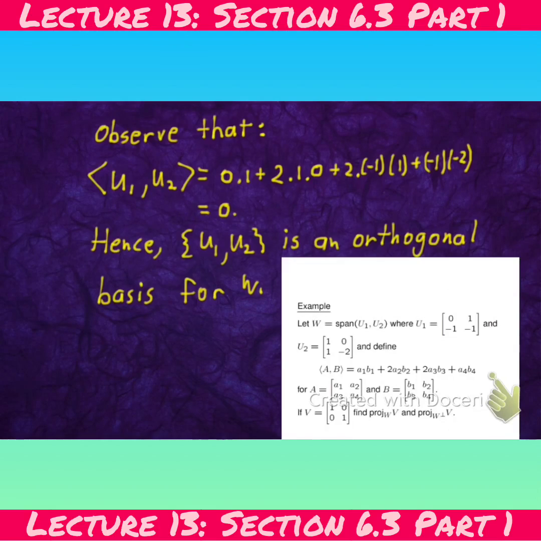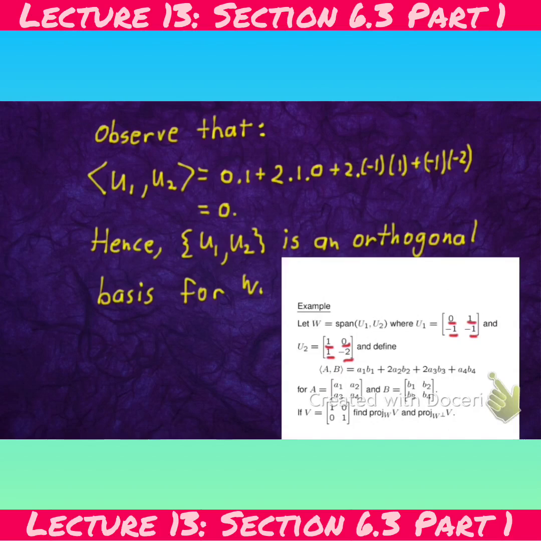Okay, so firstly, let's just check that this is a basis for the subspace. Let's make sure that it's an orthogonal basis. So we just take the vectors u1 and u2, and we take their inner product. How does the inner product work? Firstly, you take the first entry there and multiply it with that entry there. Then you add that to twice the second entry there multiplied by that entry there, plus twice that entry there multiplied by that entry there, plus this entry here multiplied by that entry there.